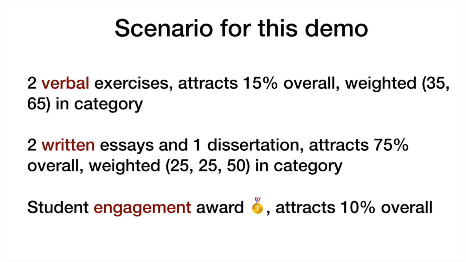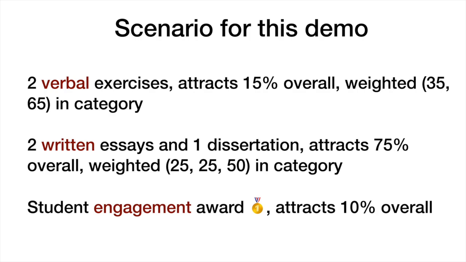So I'm going to weight the written category to 75% of the overall course, and I'm going to weight each written thing 25%, 25%, and 50% for the dissertation, because that's going to be the biggest bit of work the student's going to be doing.